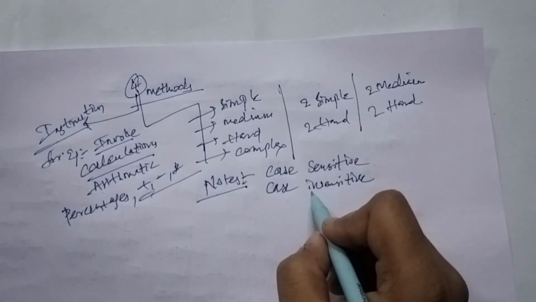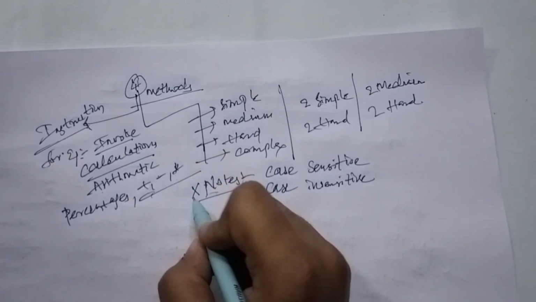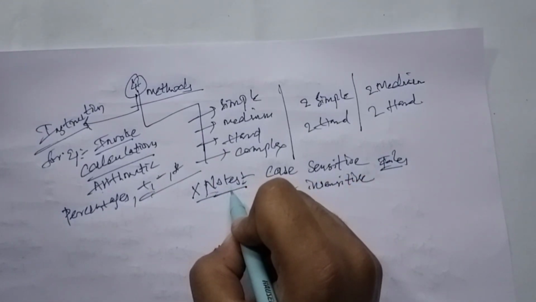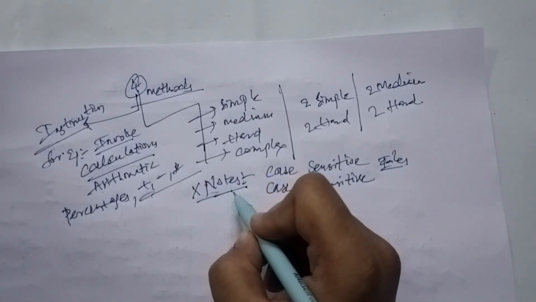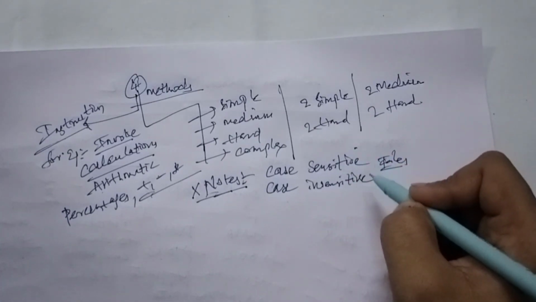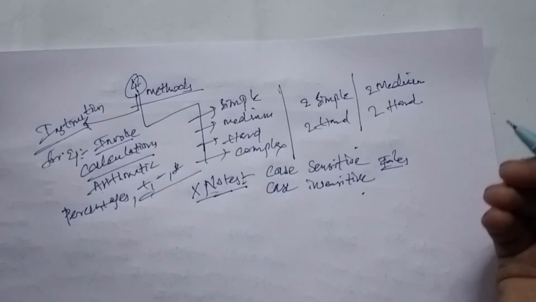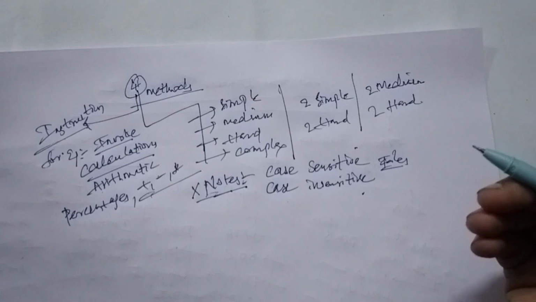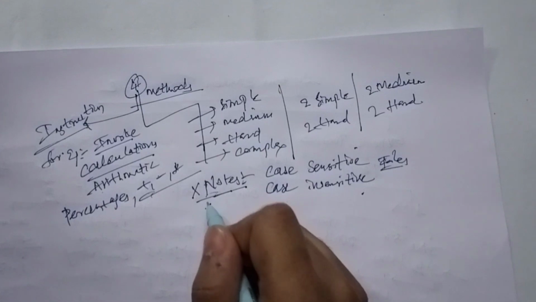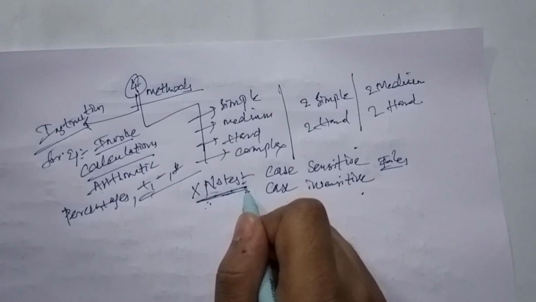If you miss this by ignoring these notes, some of the test cases can fail, isn't it? Because they are asking you to perform a case sensitive comparison and you are doing a case insensitive comparison. So the negative test cases or the positive test cases in the allocated test cases may fail because of ignoring the notes. So the notes are also very important in order to get all the test cases passed.